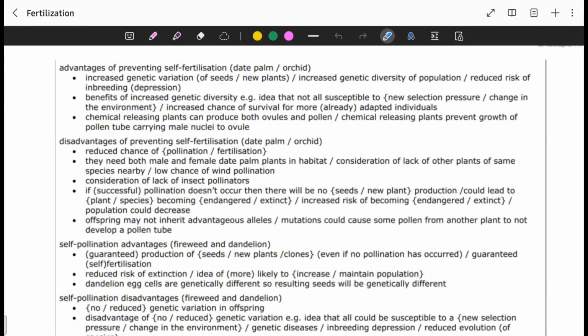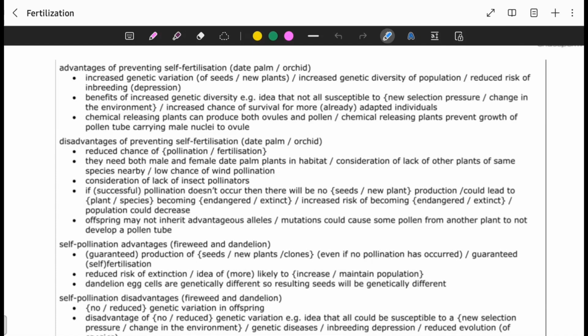And there has to be both the male and the female date plants in the habitat. If it's farther away, or there's no other plant, that will reduce fertilization. And consider the lack of insect pollinators. If there are fewer insect pollinators, how are they going to go from one plant to another plant and fertilize?